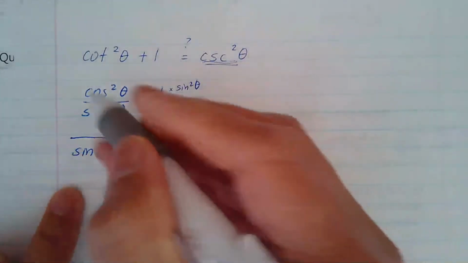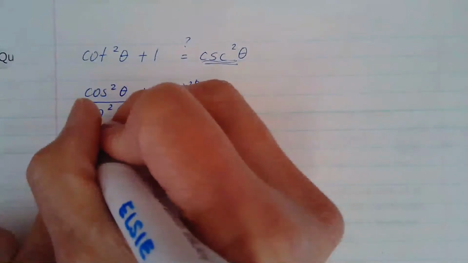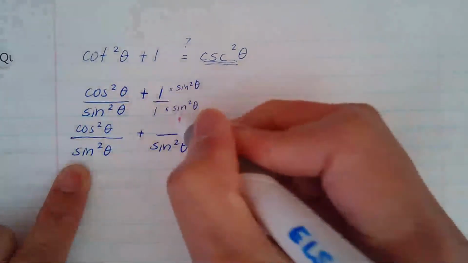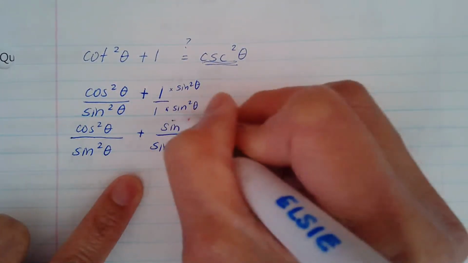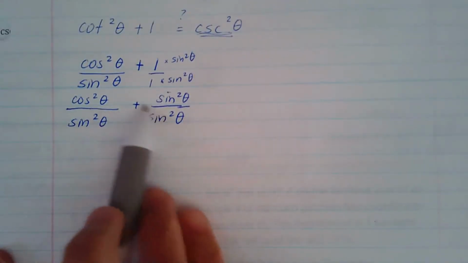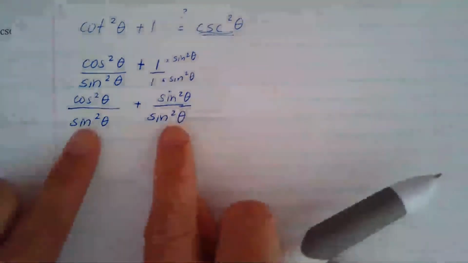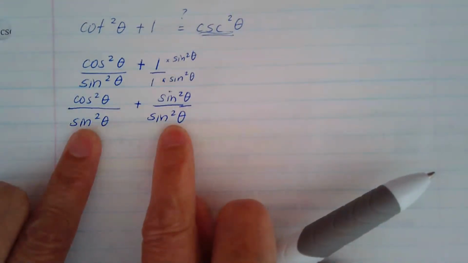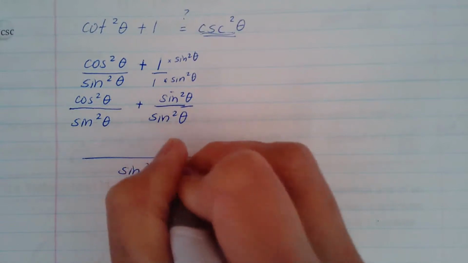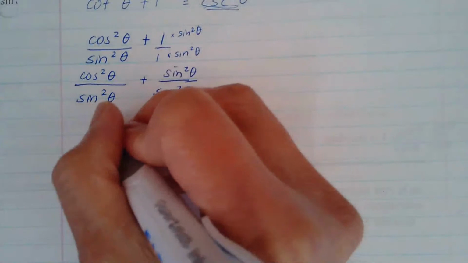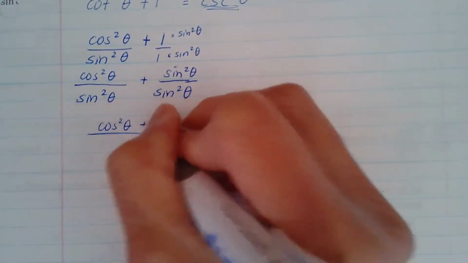Now we have the same denominator: cos squared theta plus sine squared theta over sine squared theta. Since it's the same denominator, I can combine them under one sine squared theta. What's in the numerator? It's cos squared theta plus sine squared theta.